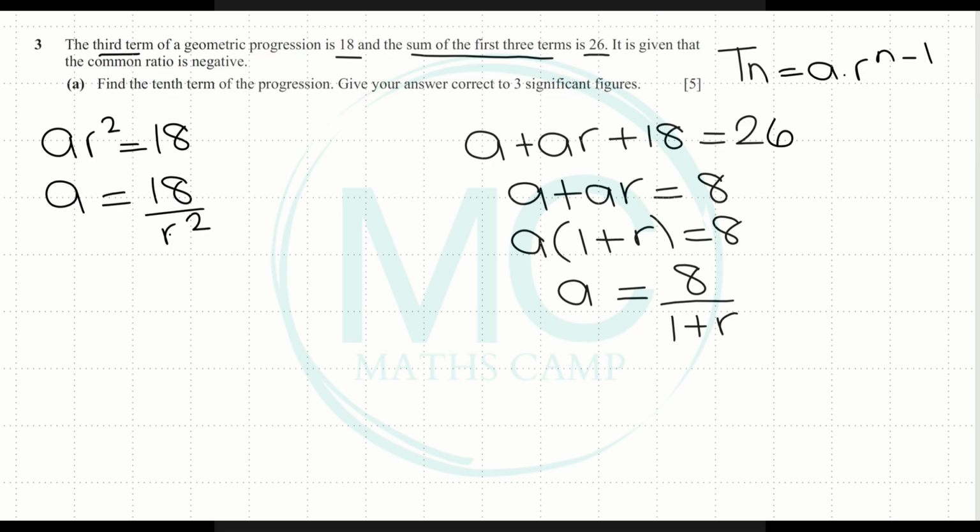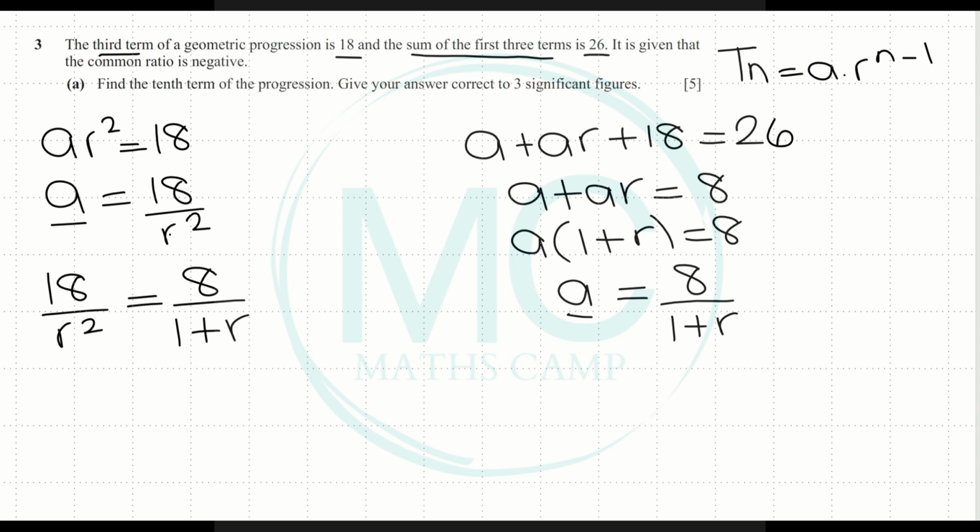A is the first term in the progression, which means this value of a is equal to this value of a, which means our fractions are equal as well. So we can say 18 over r squared is equal to 8 over 1 plus r. And now we have an equation we can use to solve for r.